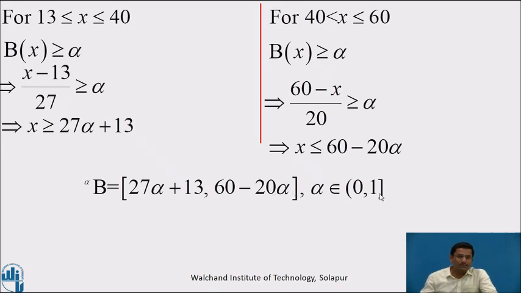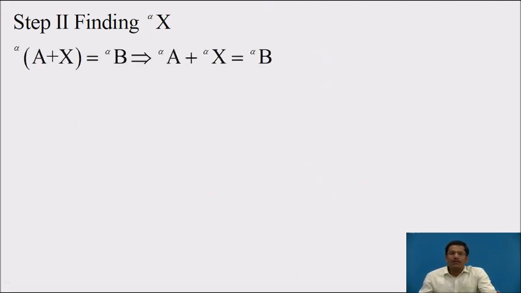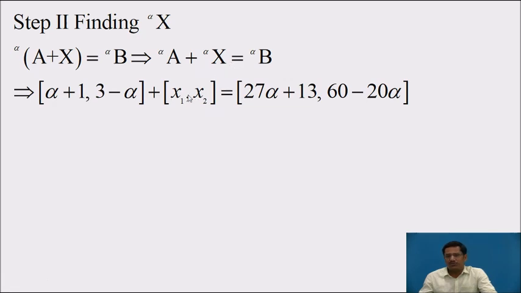Now step number 2 is finding the alpha cut of x. We know that to find the alpha cut of x, we have to use the decomposition theorem for the fuzzy equation A plus x equal to B. Taking the alpha cut of the fuzzy equation, we have alpha cut of (A plus x) equal to alpha cut of B. Applying the decomposition theorem, we find alpha cut of A plus alpha cut of x equal to alpha cut of B. Now the alpha cuts of A and B are known to us, and we can assume the alpha cut of x as a closed interval x1 comma x2.